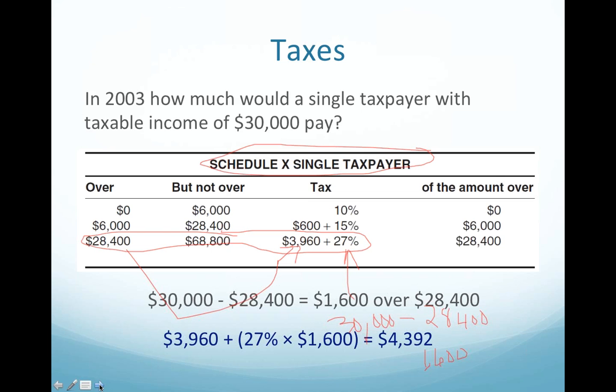But if we were to ask, what is the real rate, what are they really paying? We would take the 4,392 divided by 30,000. So their real rate is almost 15%. So that's really what they're paying, when you look at the real rate.